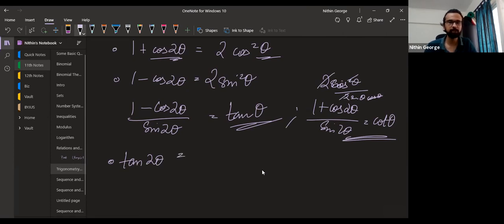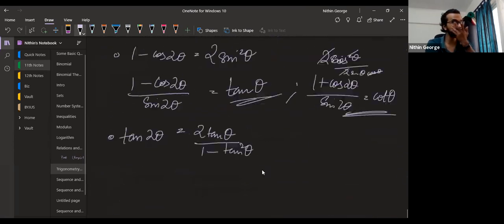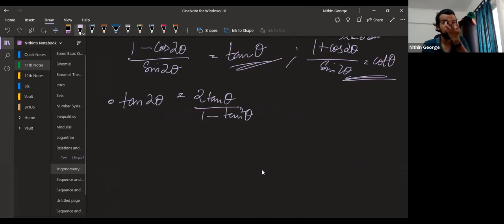All right, so moving on from our previous tangent. What is tan 2 theta? Just divide sin 2 theta by cos 2 theta. That's the idea. The denominator was 1 plus tan square theta, which gets cancelled out. When you divide that, you'll get 2 tan theta by 1 minus tan square theta.